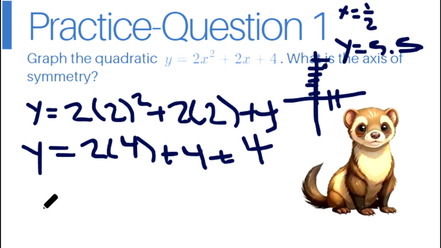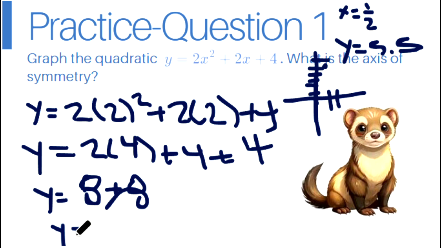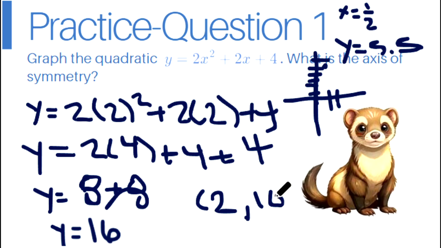I'm writing so sloppy. Y is equal to 8, 4 and 4 is 8. So y is equal to 16, which means that our point over here is going to be 2 and 16, which means the reflected point is going to be 0 and 16, I believe.